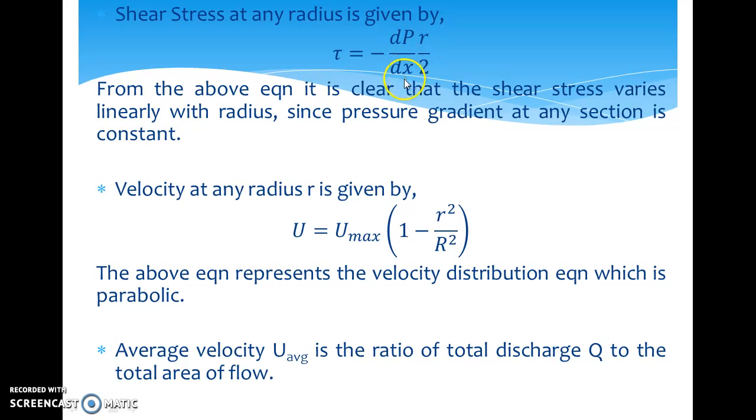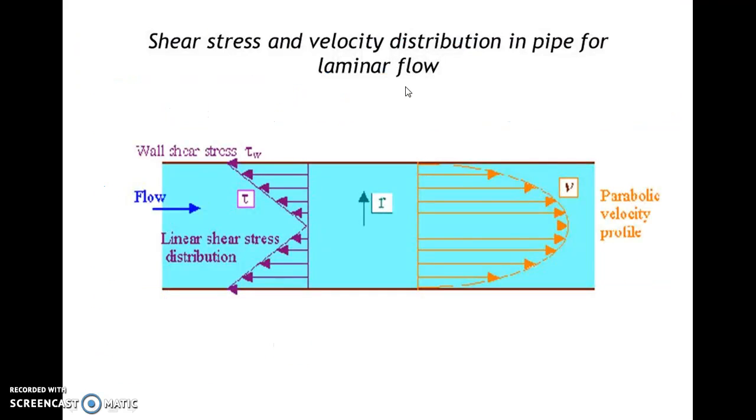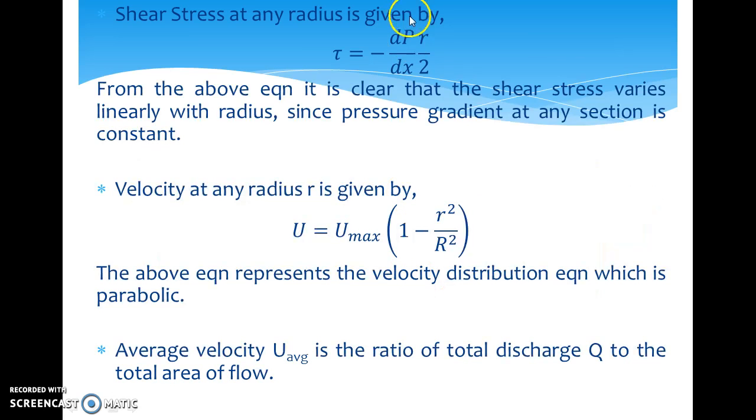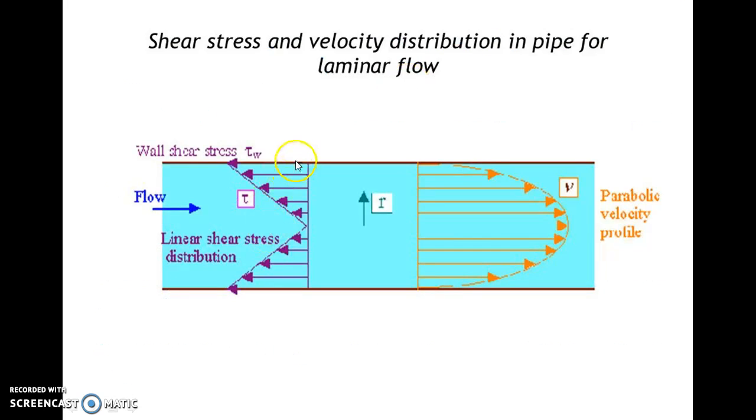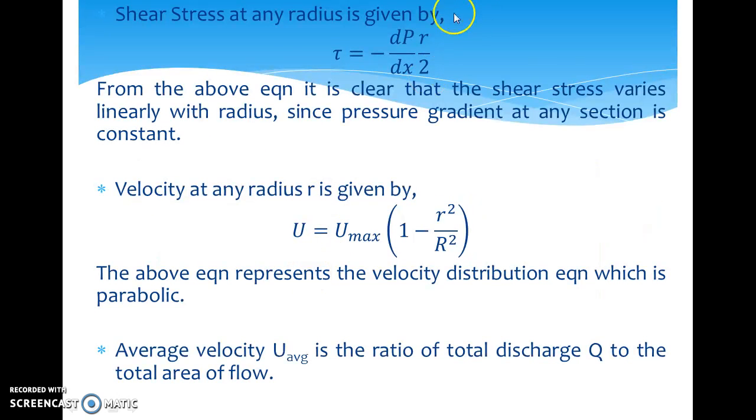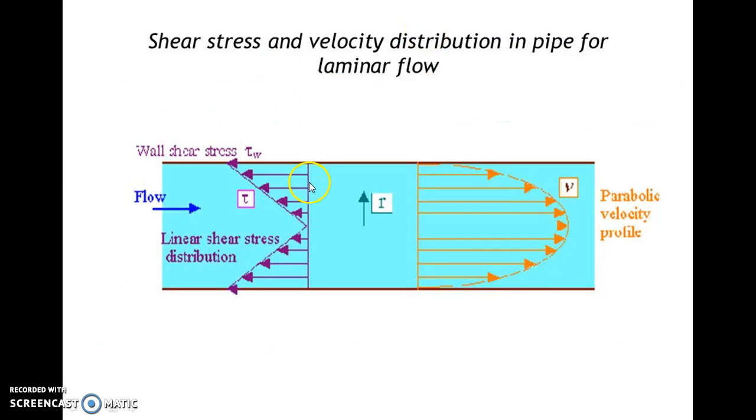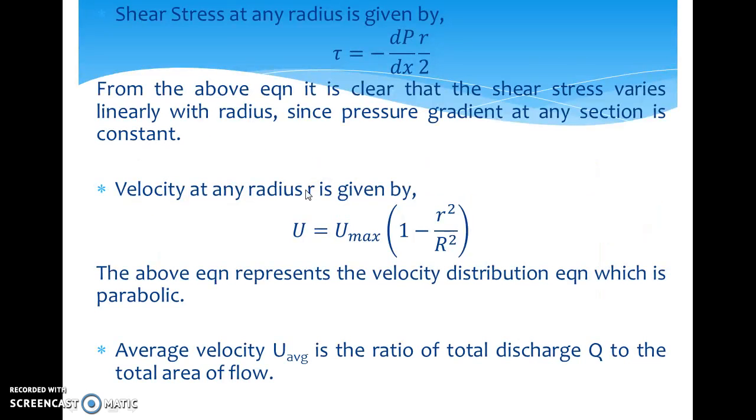Here dp by dx is the pressure gradient at the given section. So this is the pipe. At this section, what is the pressure gradient? If we want to know the shear stress at any point like here or here, dp by dx is the pressure gradient at this section, and r is the radius at which we want to know the shear stress.